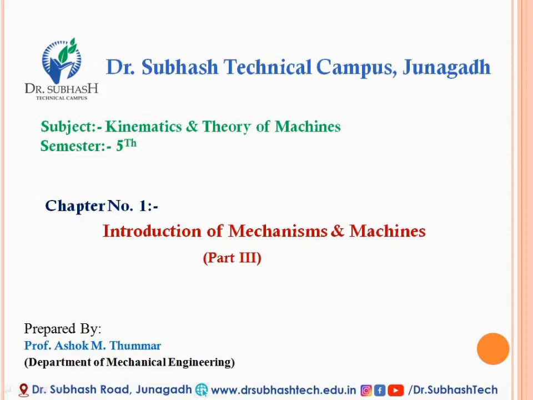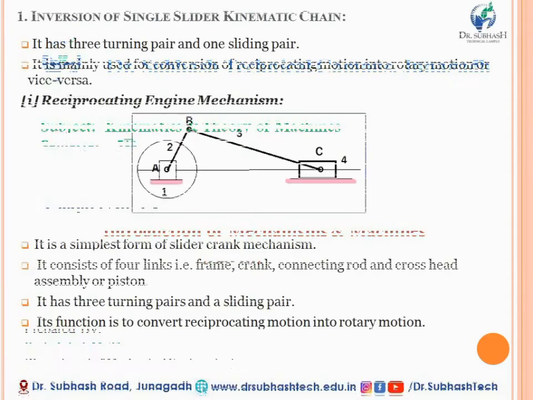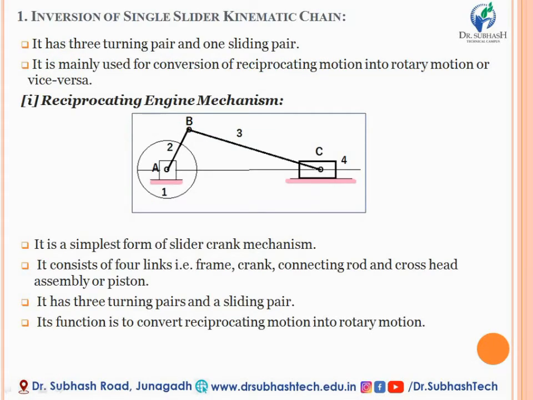By continuing with the remaining types of inversion of mechanism, we will discuss entirely in this lecture all the remaining mechanisms. Look at the diagram: first you have the reciprocating engine mechanism.